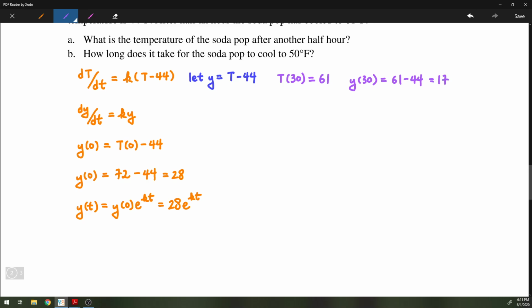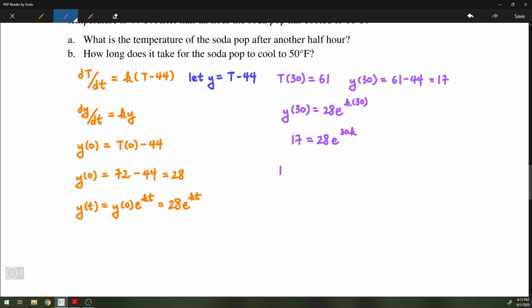And that's the number we're going to use in our solution to the differential equation. So we will have y of 30 is equal to 28 e to the k times 30. Of course that means we have 17 is equal to 28 e to the 30k.